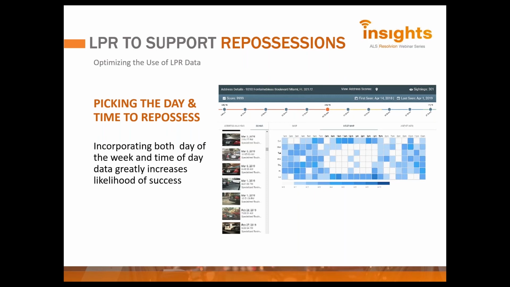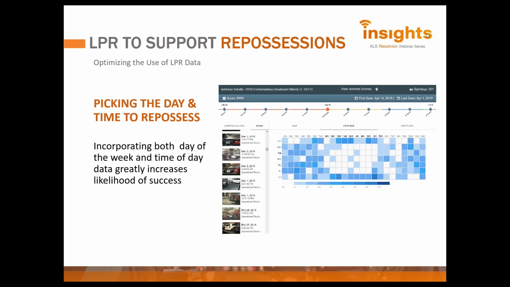Another powerful way to analyze the data is looking at the patterns for the day of the week that it has been seen and scanned in the past, and even the time of day. Again, with the combination of billions of records of data and advanced data mining tools, these patterns are not hard to identify, and they can be extremely valuable to the agent.